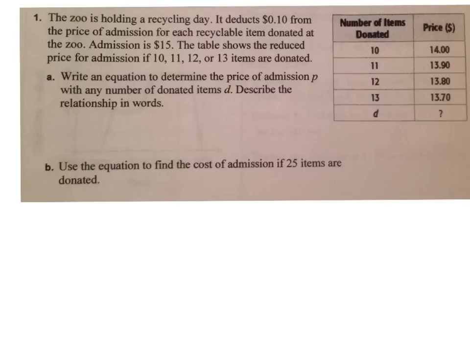All right, so first we need to write an equation to determine the price of admission with any number of donated items, D. So we have the total price, and then how do you get the price of admission? Well, if you don't bring any recyclables, it's going to be $15 for you.